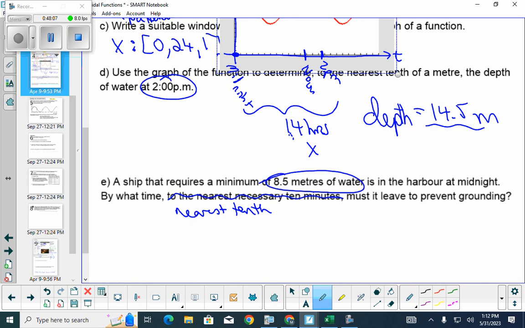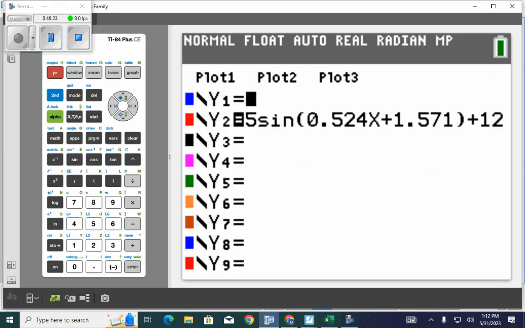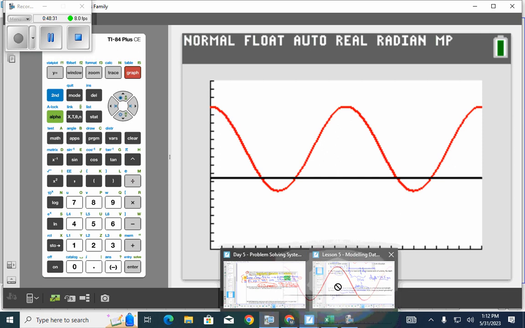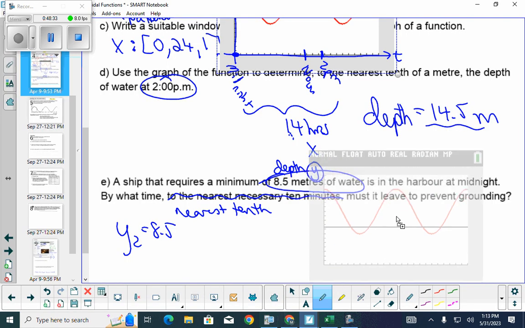Same idea. So this 8.5 meters is a depth. Or in other words, it's a Y value. We're looking for X. So into Y2, you're going to plug in 8.5. So here's our picture.